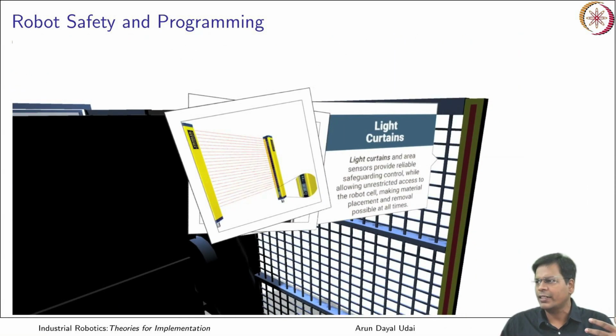You see there is a red strip over here that basically emits laser light, and that falls on the other side of it, which actually detects it. Okay, so if anything crosses this invisible curtain, it gets detected and the robot stops, or whatever it is programmed to do, it will do. Okay, so this is a light curtain.